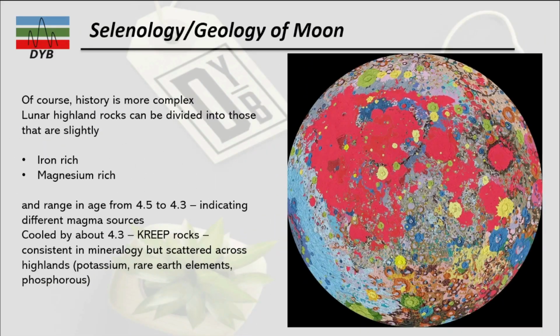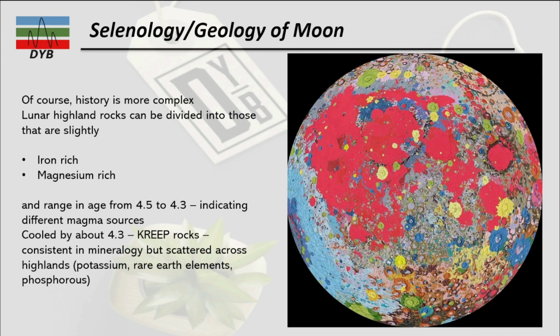So let's look at the geology, also called the selenology, of the moon. If we divide the geology of the moon, it can be divided into two different parts. The colors in this figure on the right side represent the elevation of the surface of the moon.